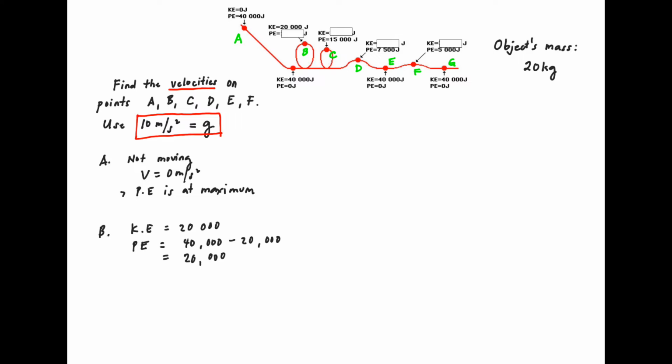Now, how about for solving for the velocity? Remember that the kinetic energy is 1/2 mv squared. Therefore, solving now for velocity, we have twice of the kinetic energy over the mass. We have the v squared, and therefore solving for v, that is twice of kinetic energy divided by the mass.